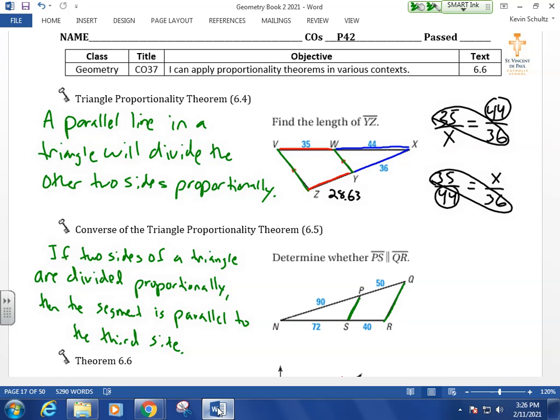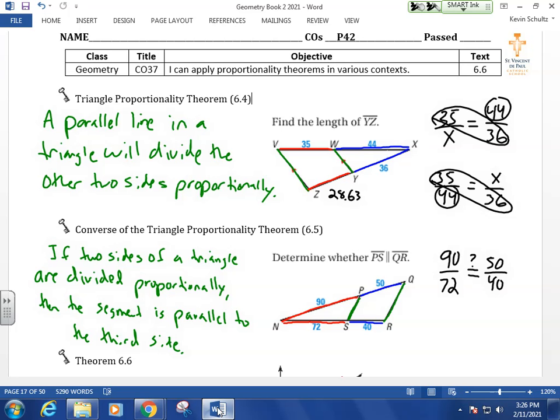So we're able to determine if PS is parallel to QR if the way the triangle is sectioned off, if those sections are proportional. So in this case, we are testing NP with NS and PQ with SR. So setting these proportions up, we're saying, is 90 over 72 equal to 50 over 40?